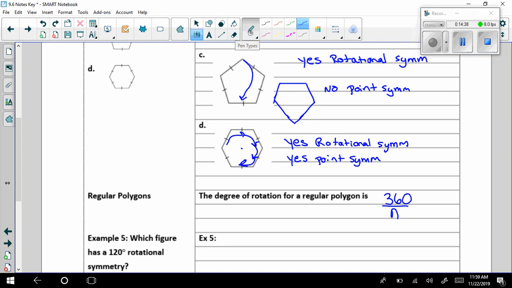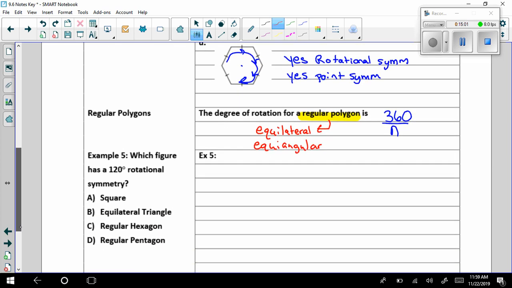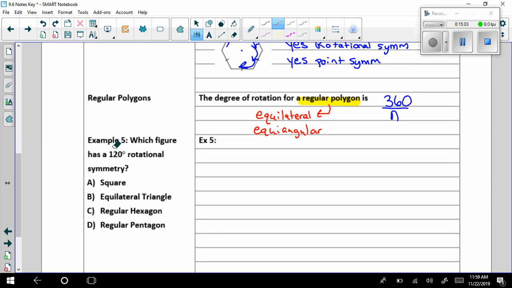Notice that this is specifying regular polygons. And for something to be a regular polygon, it has to be both equilateral and equiangular. All right, so which figure has 120 degrees rotational symmetry? A square, equilateral triangle, hexagon, or pentagon?